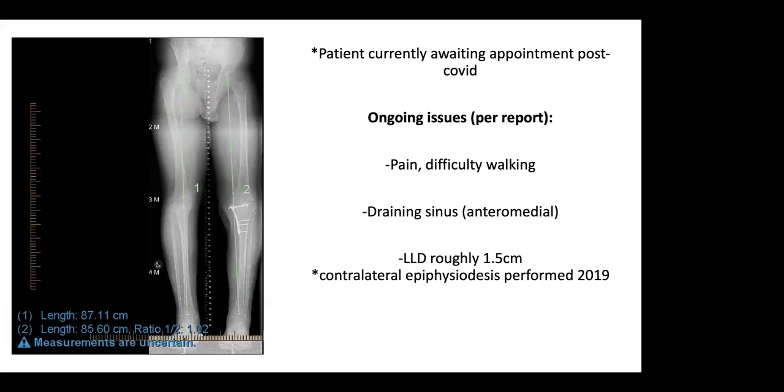And now they're currently waiting for a post-COVID appointment. So this is all per report. They have ongoing issues. You can see the mechanical access, pain with difficulty walking, and a draining sinus from anterior medial with a limb length discrepancy of roughly 1.5 centimeters. Remember that there was a contralateral epiphyseodesis that was done a little over a year ago.